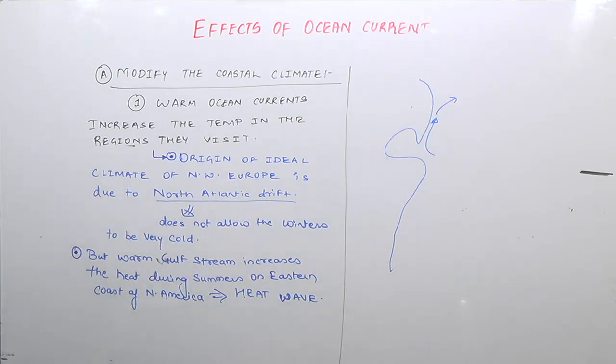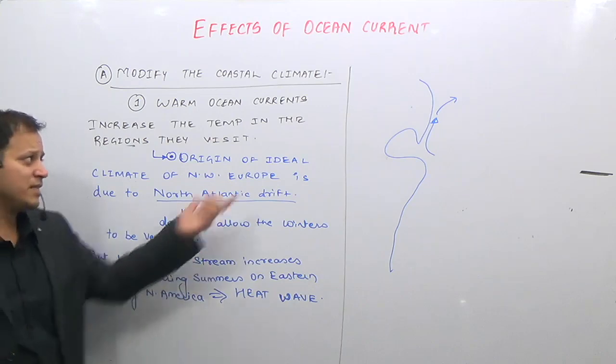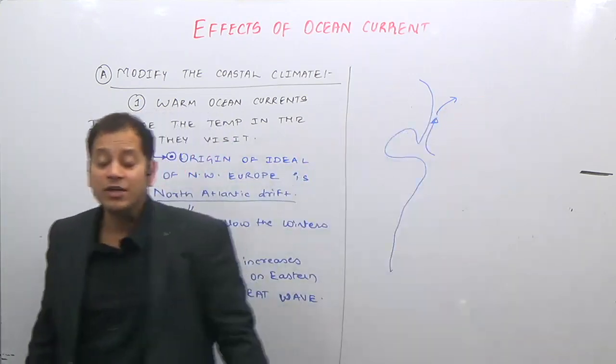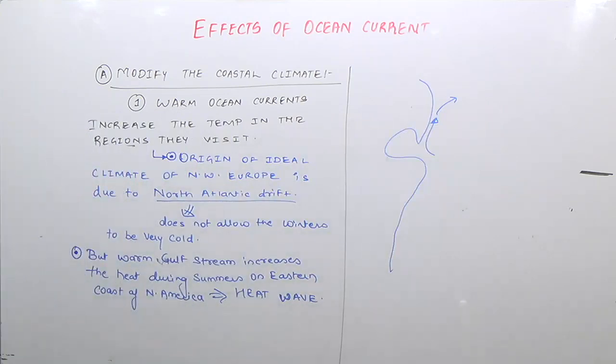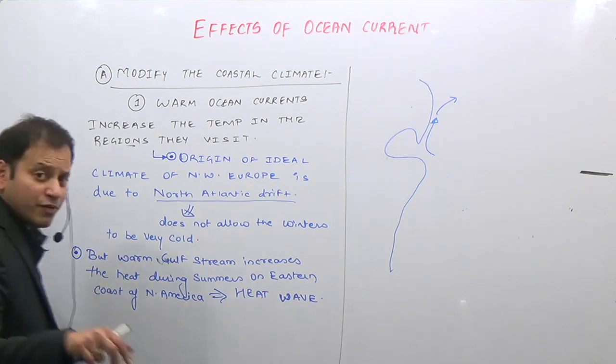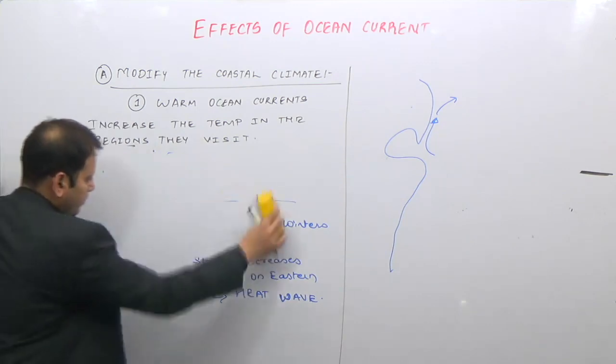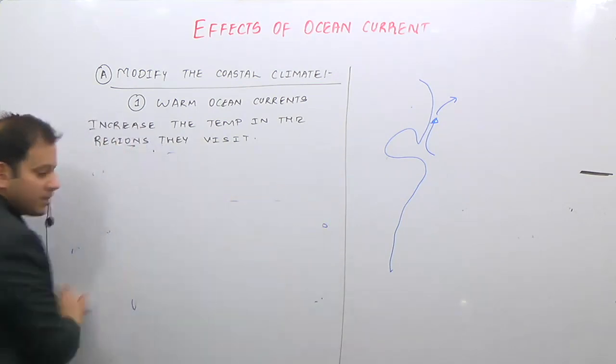So warm ocean currents increase the temperature in the regions they visit. During the summer season, it results in heat wave conditions, but the same ocean current is beneficial for the northwestern European type of climate in the northwestern region of Europe. The second point, I hope you have written down, is the cold ocean currents.